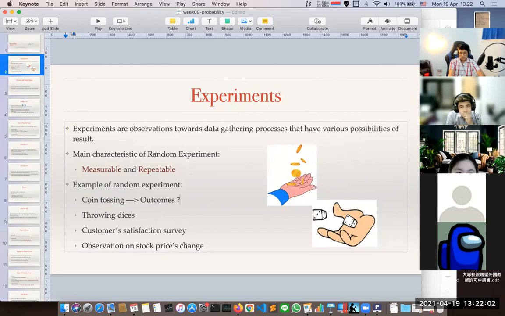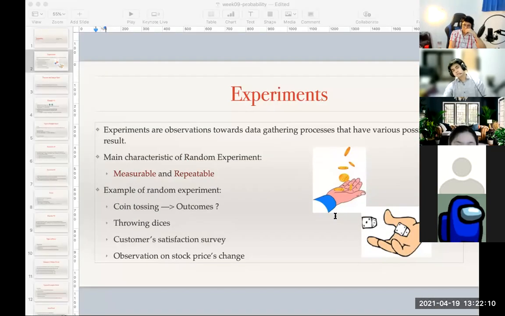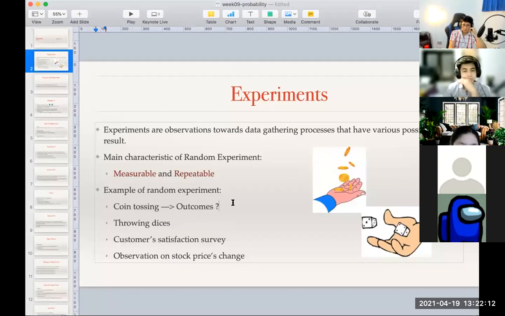Anyone can give me some response? Head and tail. Okay, that's correct. Earlier who? Kathleen, right? So the outcome for this coin tossing can be head or tail. This one is correct. How about the sample space?